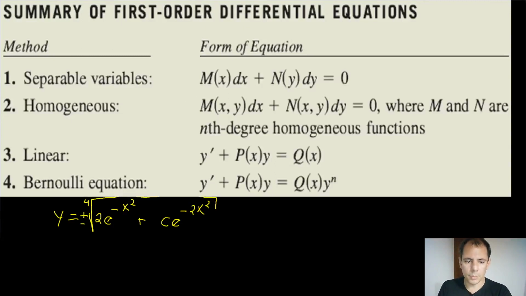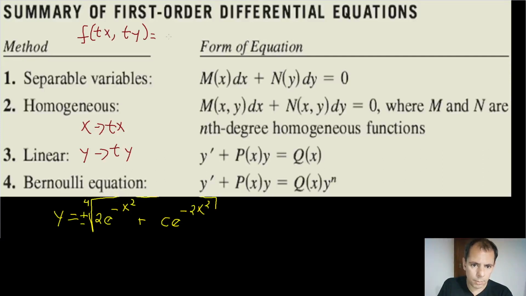I don't know if you remember, but the homogeneous one is when you substitute x for tx and y for ty, okay? And f of tx, ty is going to be equal to t to the n times f of x, y, right? That's the thing. And there's something else too.